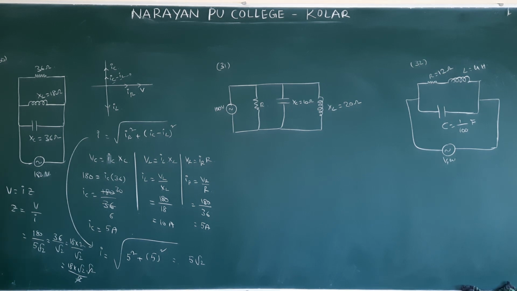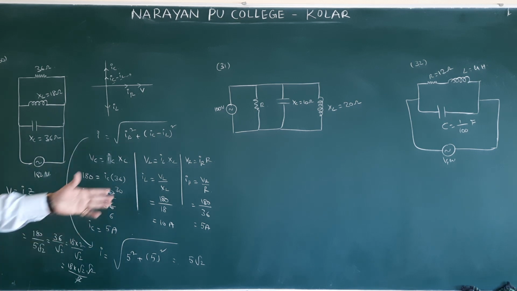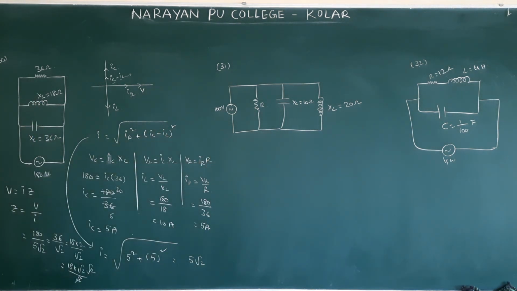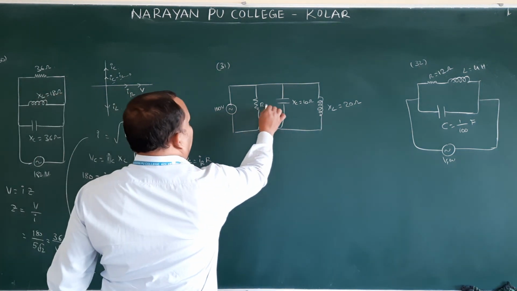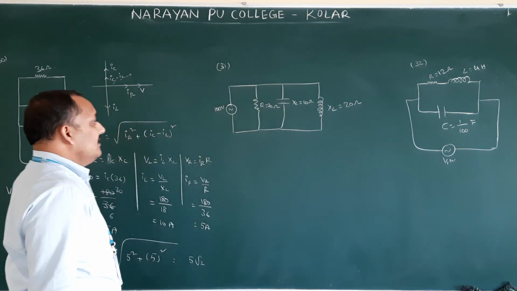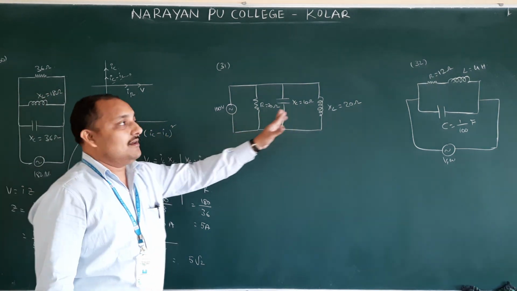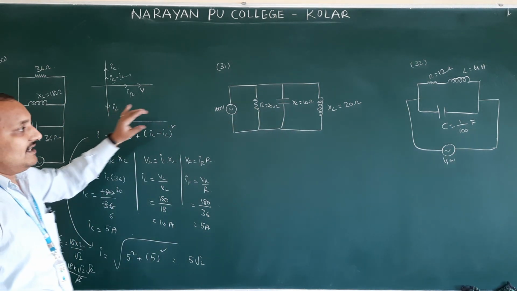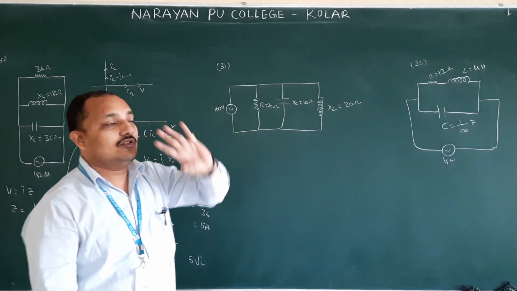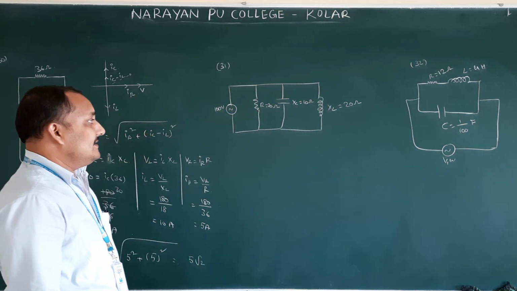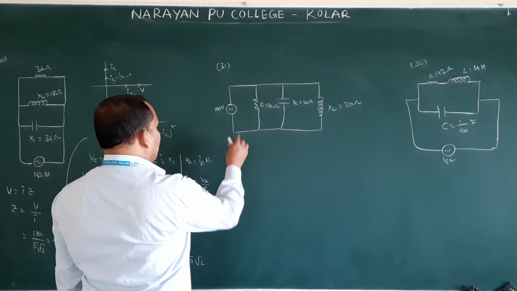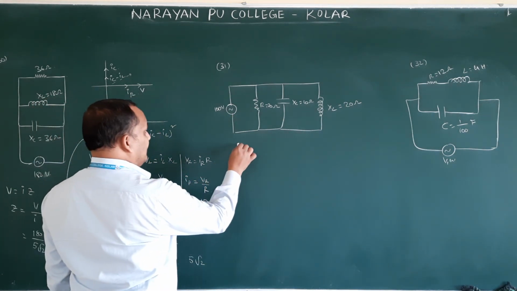Next, question number 31. This is also the same model. In the following parallel AC circuit, the current is. They gave the R value as 20 ohms. So same model. How are these connected? These are also connected in parallel, but in this diagram they have shown it vertically, while here they are showing it horizontally. Therefore both will be the same. In this also you should do the same.